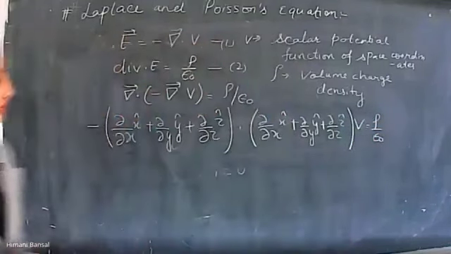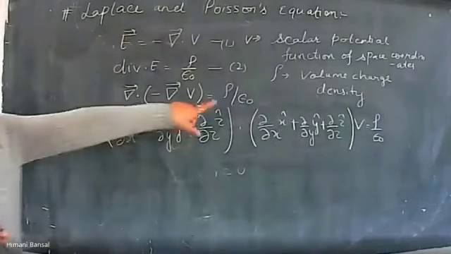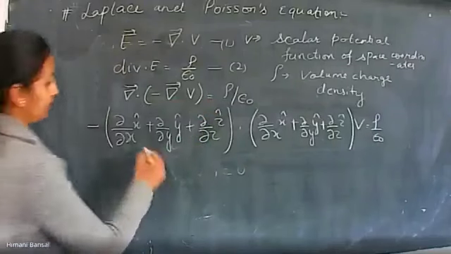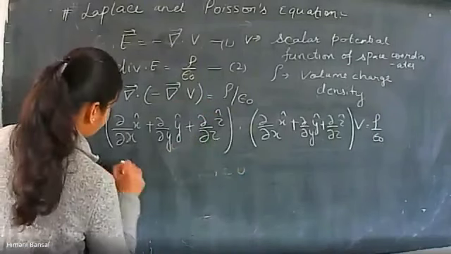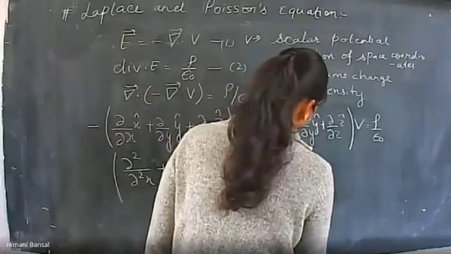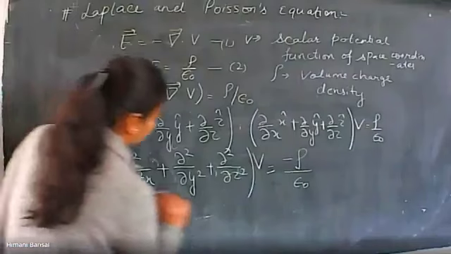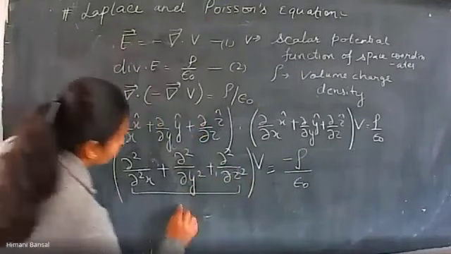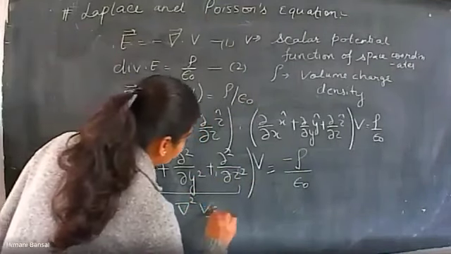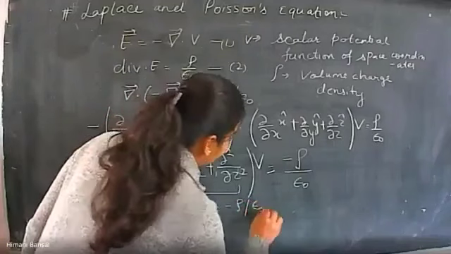Epsilon naught is the permittivity of free space, and rho is the volume charge density. Now the dot product gives, taking the negative sign to this side, rho over epsilon naught. Here this is the square of the del operator: del square V is equal to minus rho over epsilon naught.